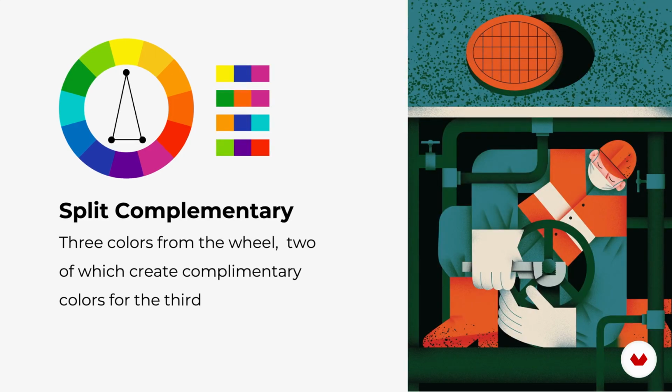Another quite contrasting color palette is split complementary. So split complementary contains 3 colors from the wheel, two of which create complementary colors to the third. So you can see here, the violet is a complementary color to the yellow.